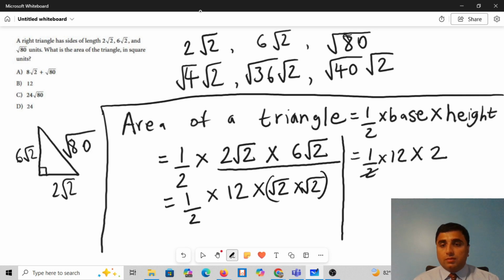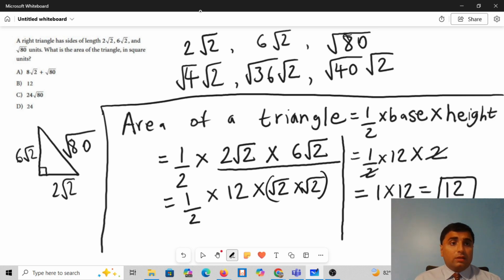Half times 2 is equal to 1 itself. So that is going to be equal to 1 times 12, and that is going to be equal to 12 square units.